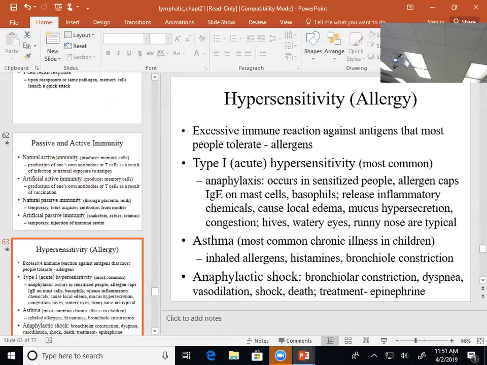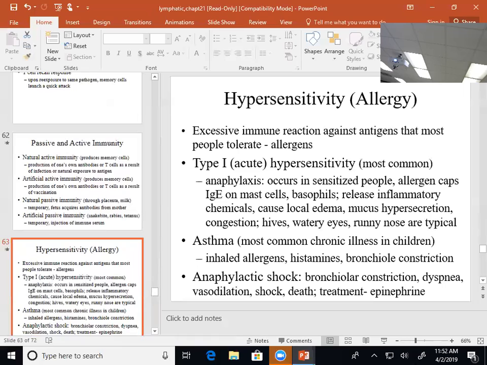Because in a natural world, aren't we exposed to a lot of foreign things? That's natural active immunity. You're making your own response. You're protecting yourself. Now you can have artificial active where you make your own response, but it's because you got an immunization. You got a vaccine, an immunization. Fair enough? And then you still built your own response. That's active, you being active.